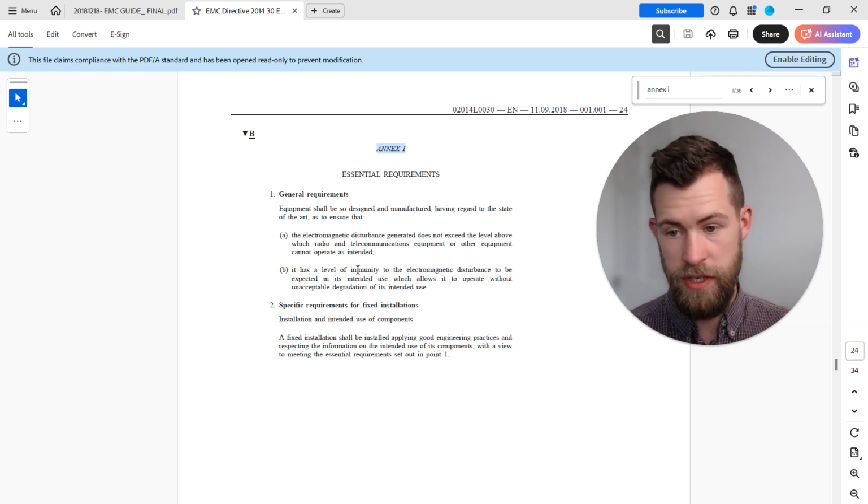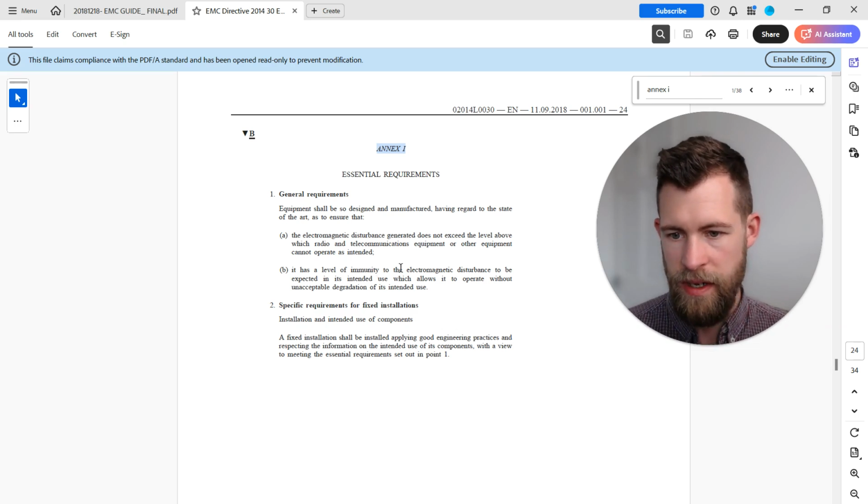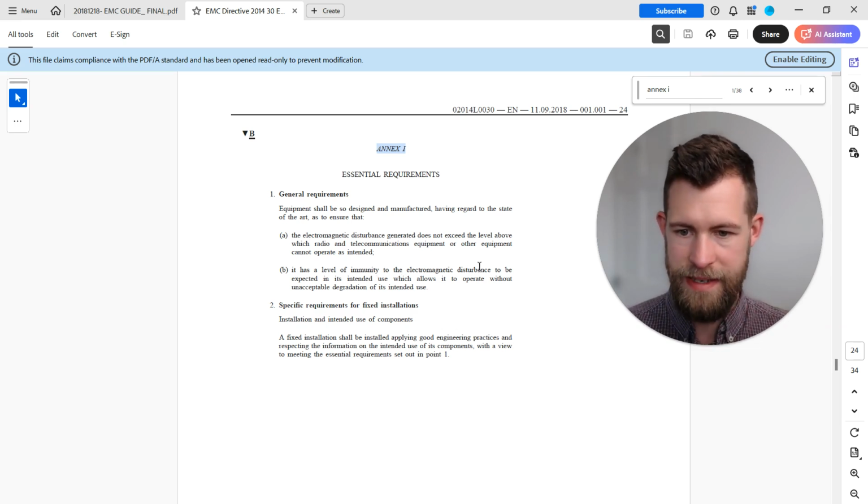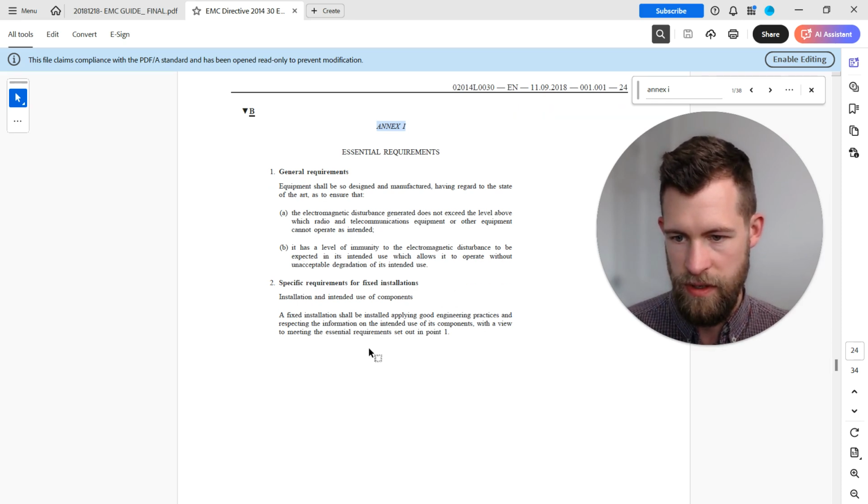So this is its emissions. And B, it has a level of immunity to the electromagnetic disturbance to be expected in its intended use, which allows it to operate without unacceptable degradation of its intended use.